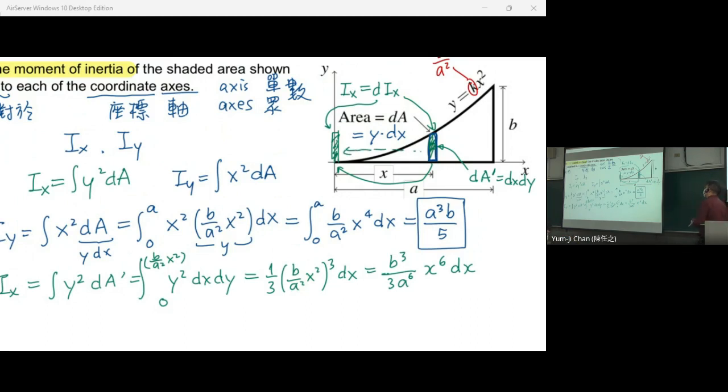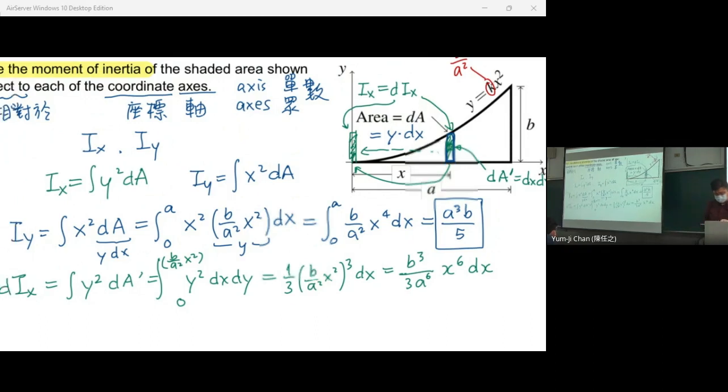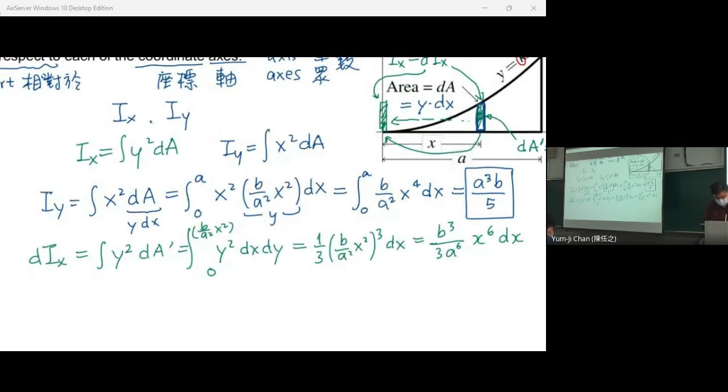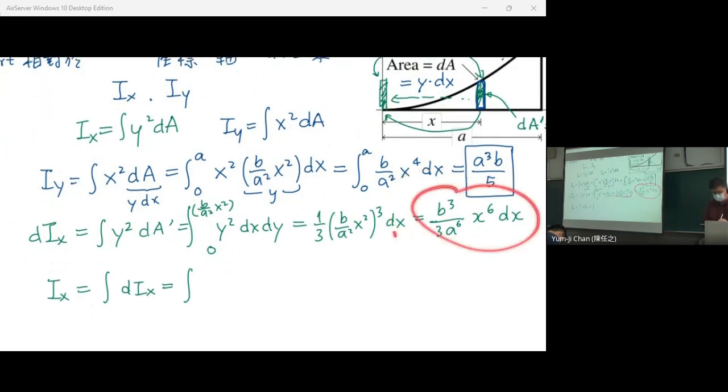So what we need to do now is, because we know the Ix for this stripe, we determine dIx for this one and dIx for this one and dIx for this one, and add them all together. So we have Ix is equal to the integration of dIx, and then we put this one here.